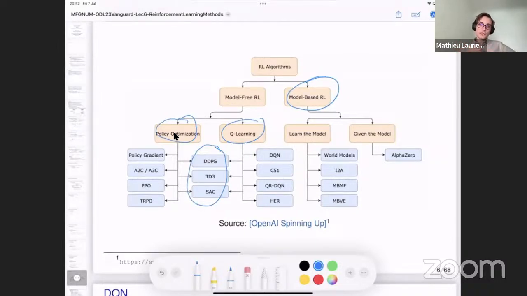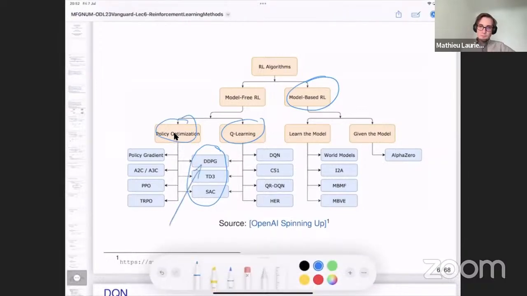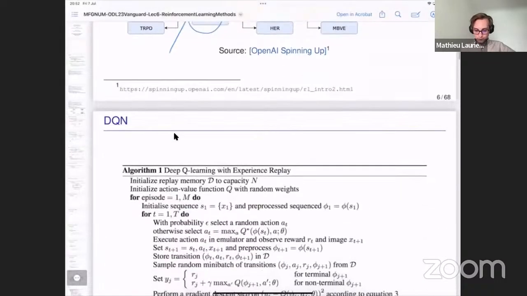And you have versions that are tabular, that are parameterized using some fixed set of features, and some versions that are fully deep learning. So they really combine, for example, this one has a D inside, DDPG, and it's really using deep neural networks for the policy and for the Q function. So it's a combination of deep learning and model-free reinforcement learning.